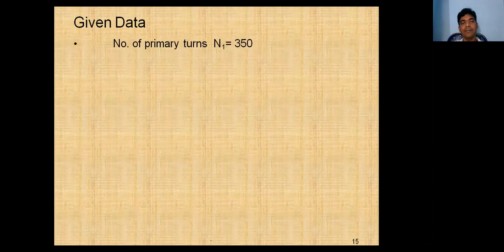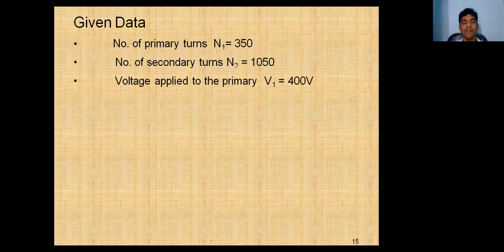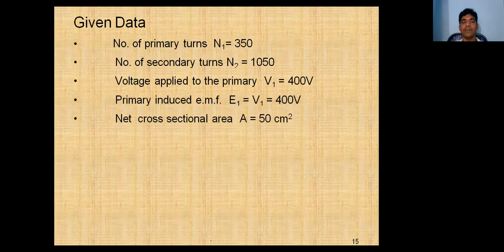Given: number of primary turns N1 is equal to 350, number of secondary turns N2 is equal to 1050. Voltage applied to the primary is 400 volts, so primary induced EMF is also 400 volts.